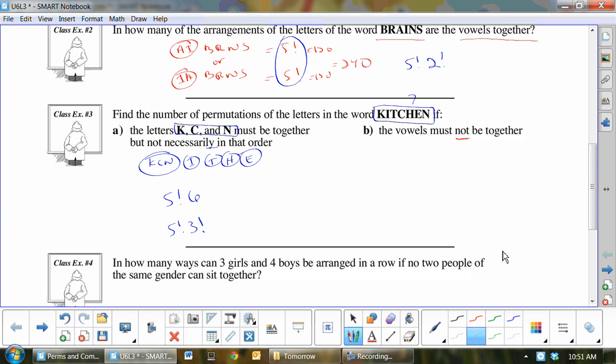The vowels must not be together. Cody, you got nothing back there? How would you do this one? The vowels must not be together.